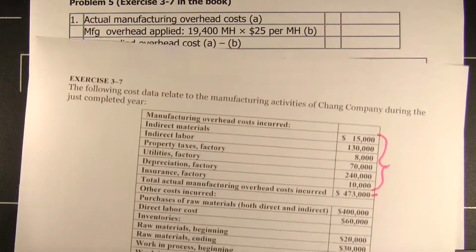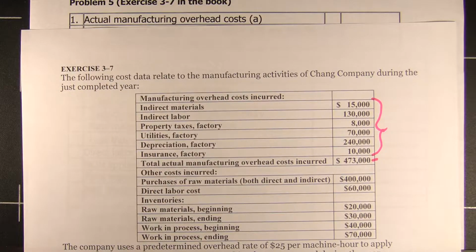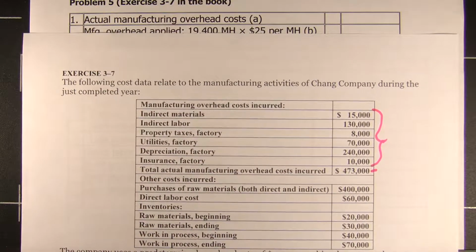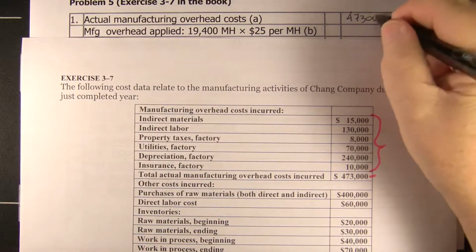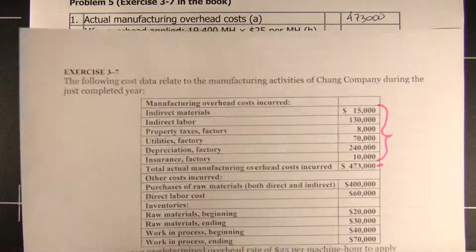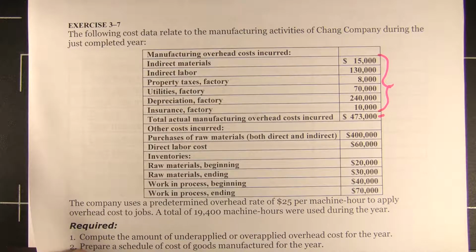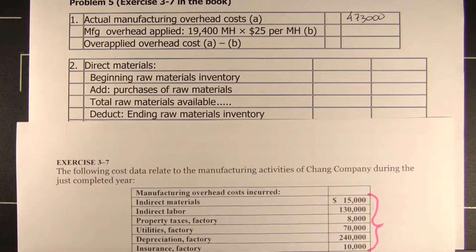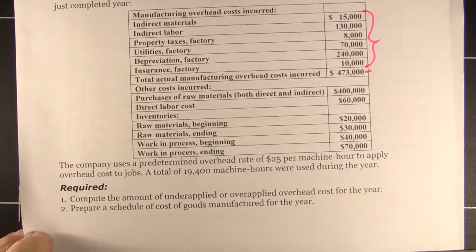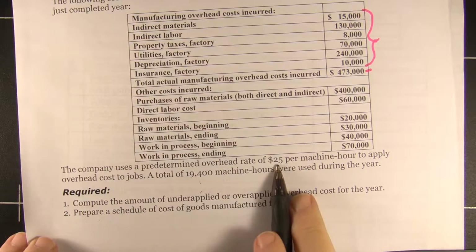So let's put in the actual manufacturing overhead costs, $473,000. And then you see where we got that. And then let's take a look at the overhead that we applied. They tell us 19,400 hours were used at $25 per hour.